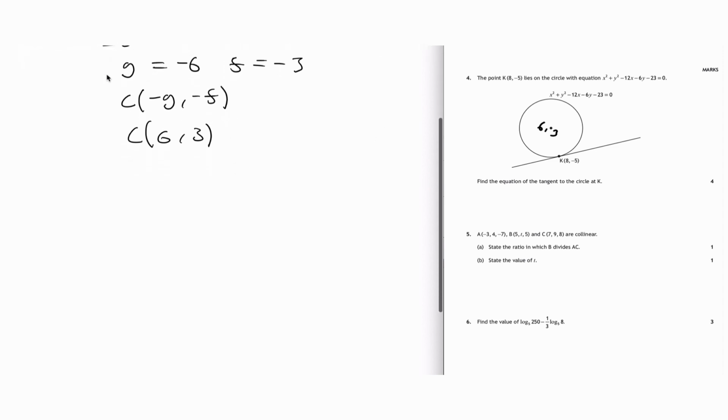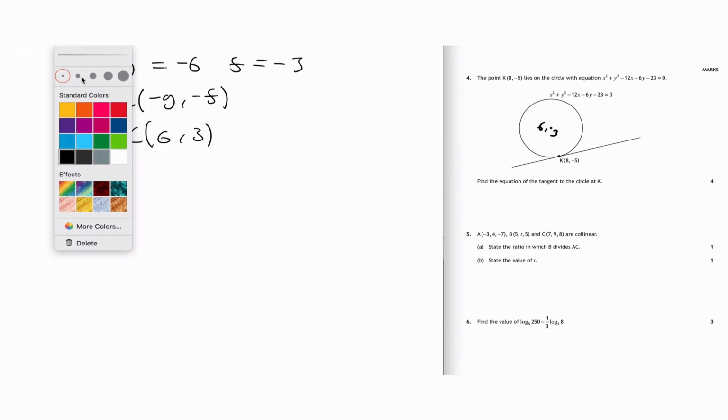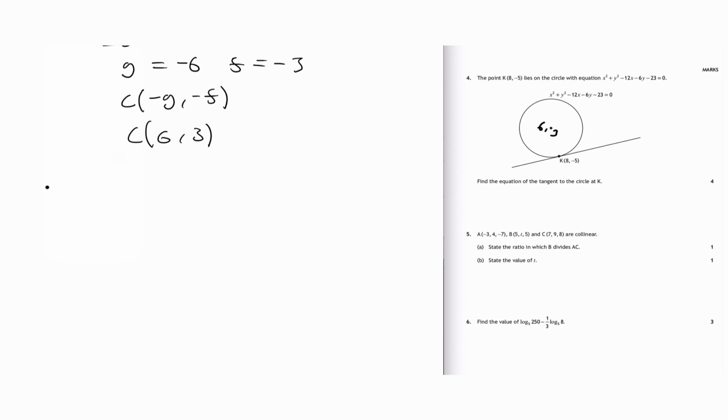So let's work that out. The gradient of the radius is equal to y2 minus y1 all over x2 minus x1.